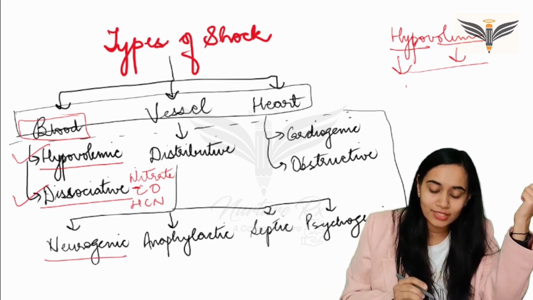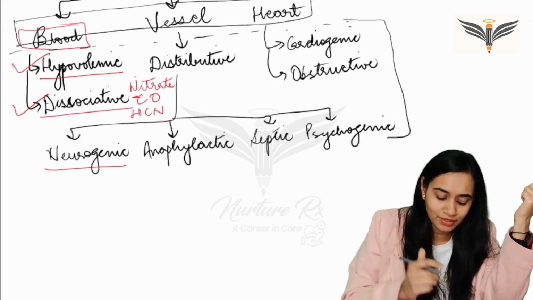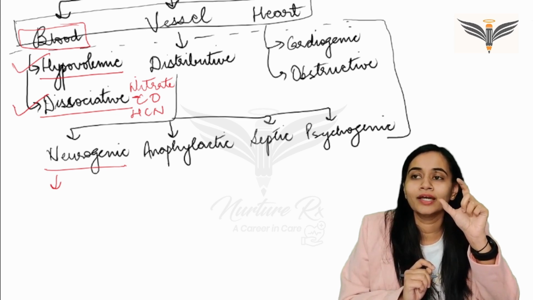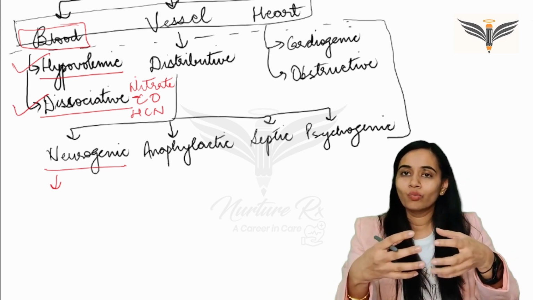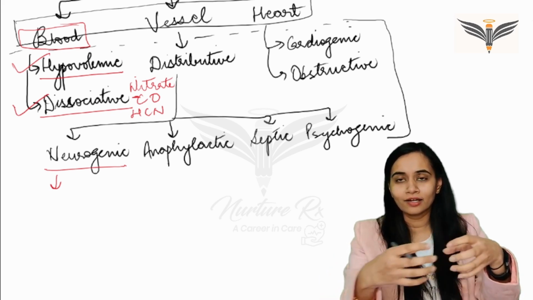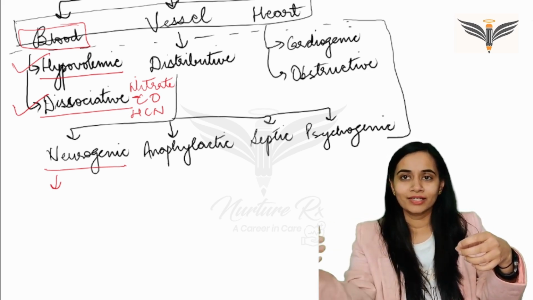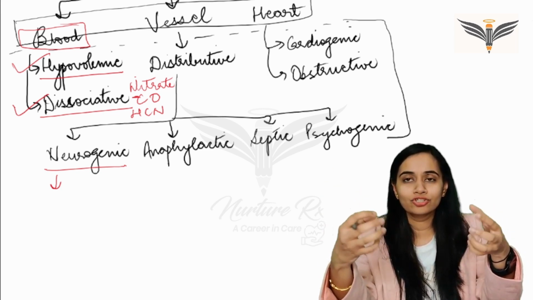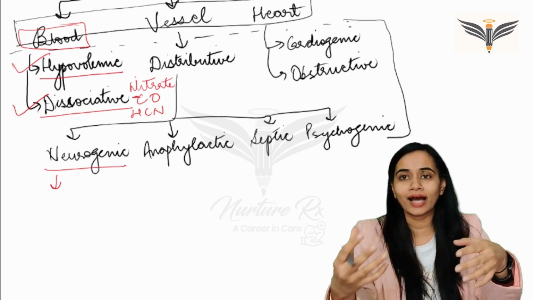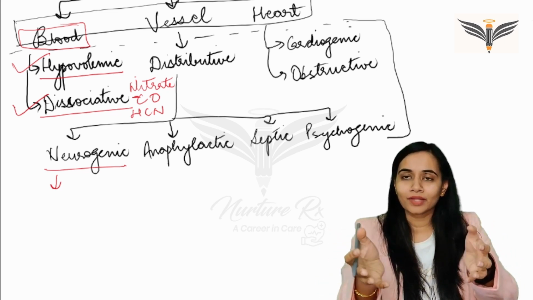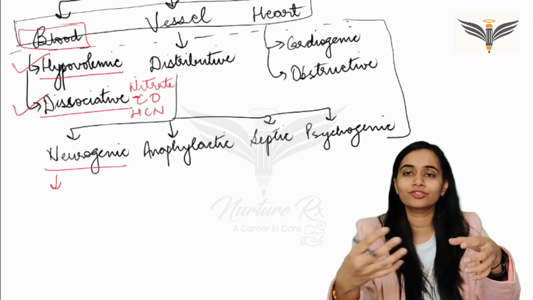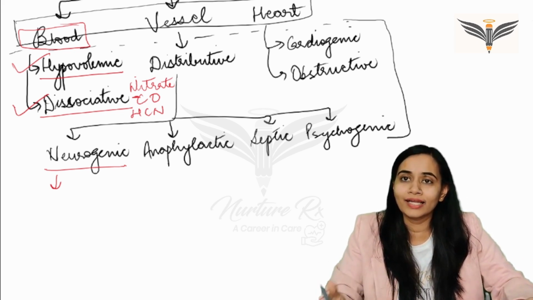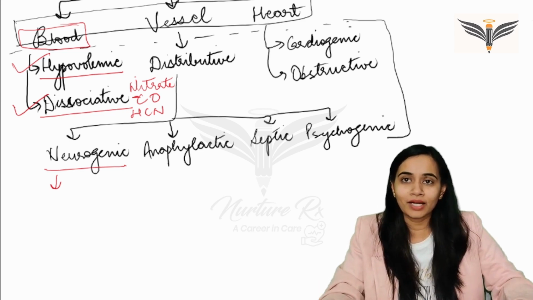The first is neurogenic. What happens in neurogenic shock? As you can see, the word neuro is there. How will you relate it? What do vessels do? They contract, they dilate, and accordingly the blood flows in the vessel and moves from one place to another. If this entire control of dilatation and contraction is removed, if the vessels are not able to contract properly or dilate properly, they will not be able to carry the blood properly.